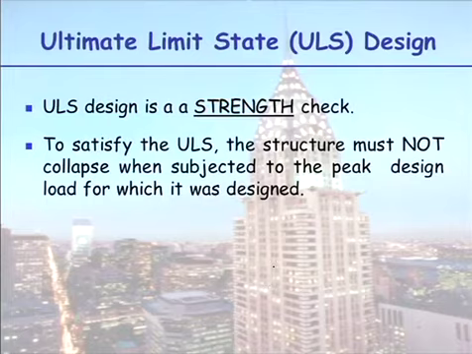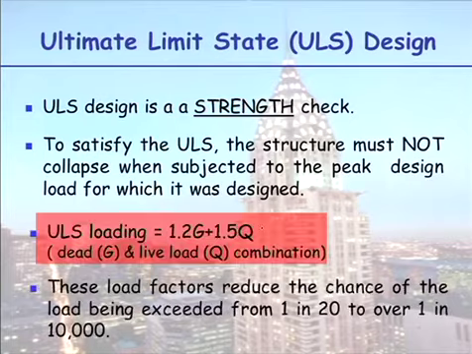To satisfy the ultimate limit state, the structure must not collapse when subjected to the peak design load for what it has been designed, and that peak design load is 1.2 times whatever the dead load is and 1.5 times whatever the live load is. So we now increase our load from dead plus live to, we increase our dead load by 20% and we increase our live load by 50%. And that is the loading we design to.